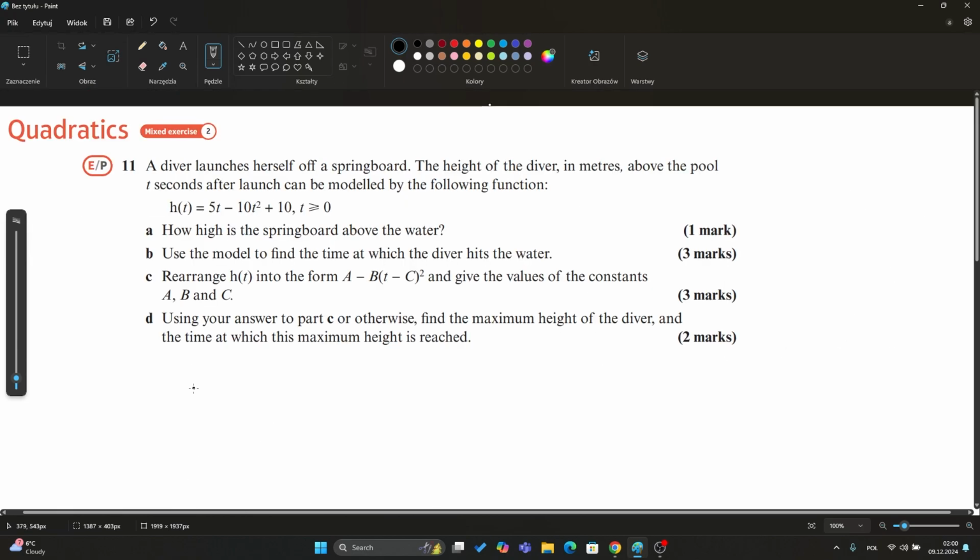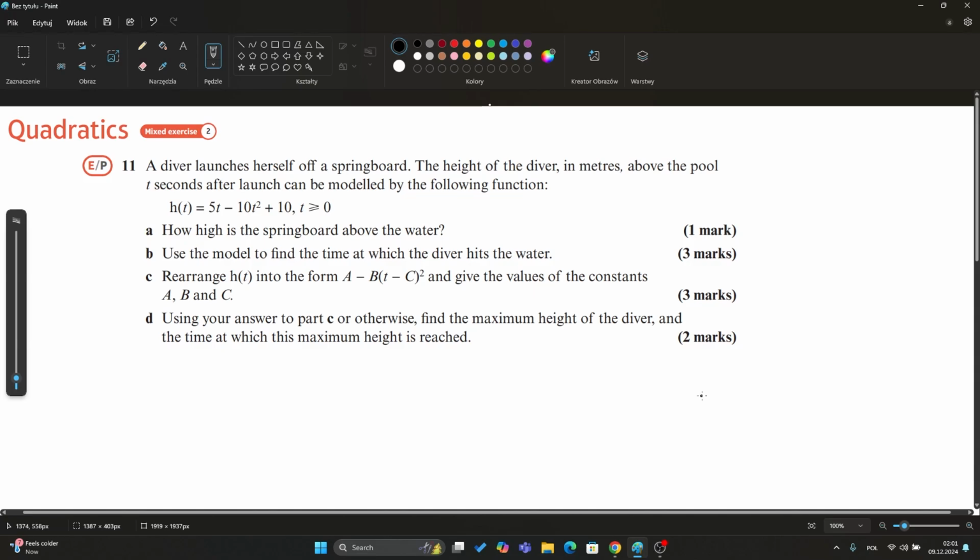Now we got the modeling question, and in here a diver launches herself off a springboard. The height of the diver in meters above the pool t seconds after launch can be modeled by the following equation. So we have to visualize what is going on.